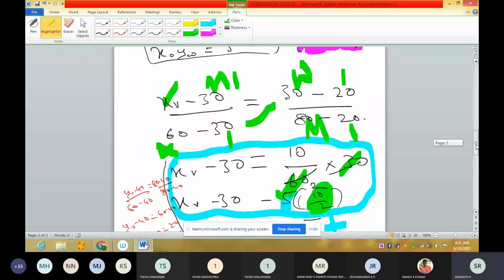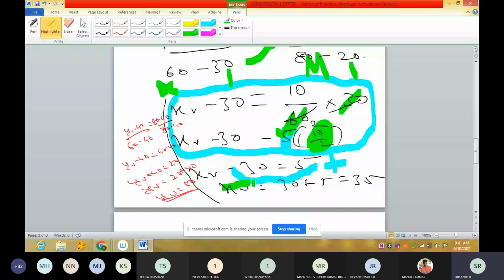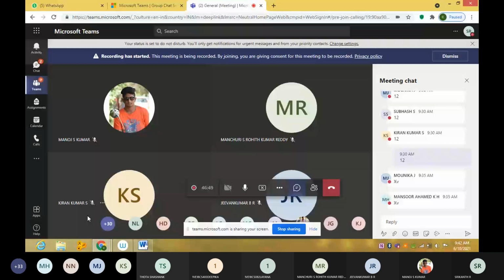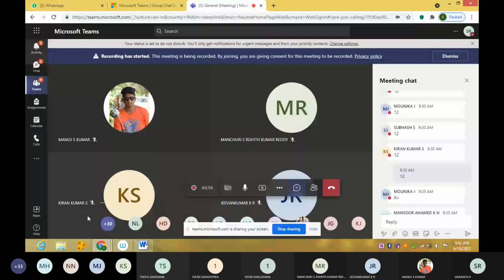Now, guys, is this understood? If it is understood, reply 35, guys. Now I got XV is equal to 35. If you got till here, reply 35. Everyone, Manoj, Monica, Kiran, Subhash.